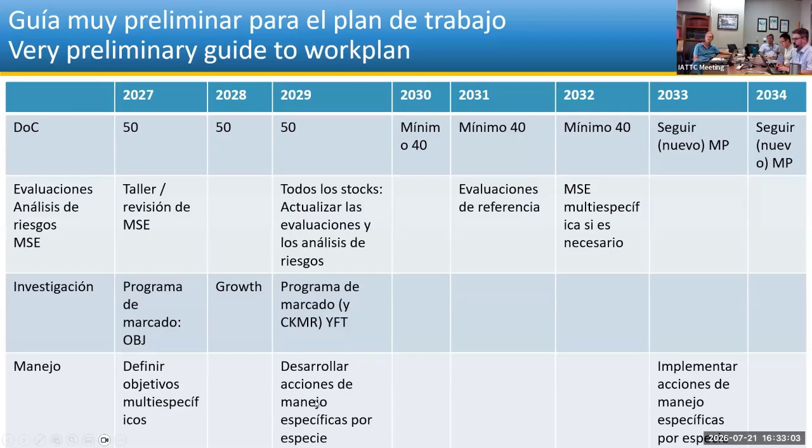And then once those have been defined, we can better define the actual management actions that would be able to achieve those management objectives. So we'd like to start developing those fairly soon, so that once we've done the multi-species management strategy evaluation, we can actually implement those management objectives in 2033.